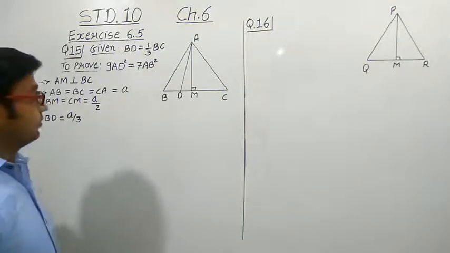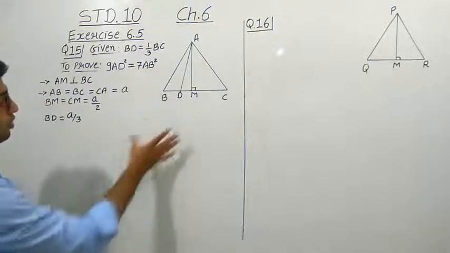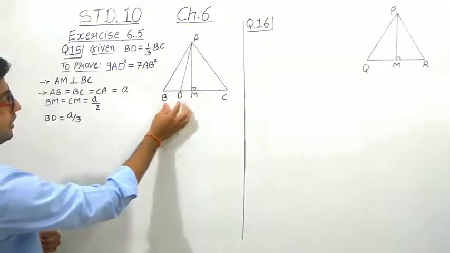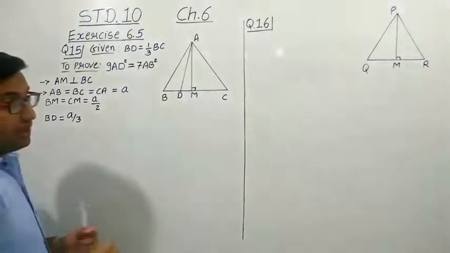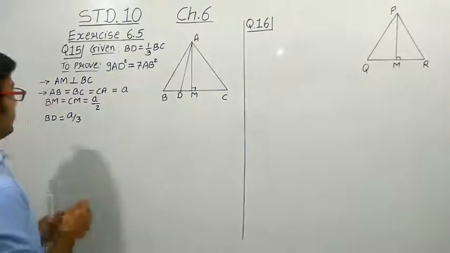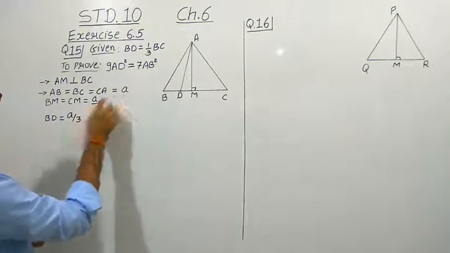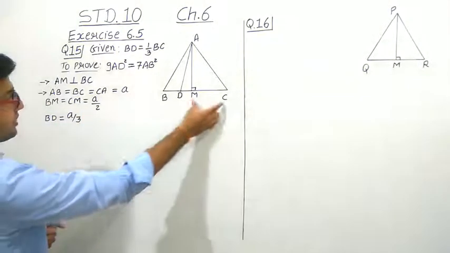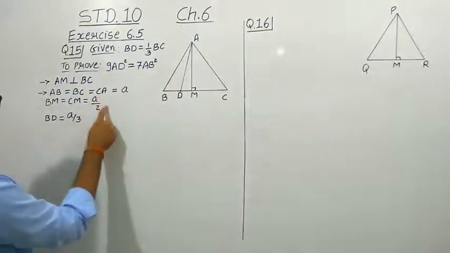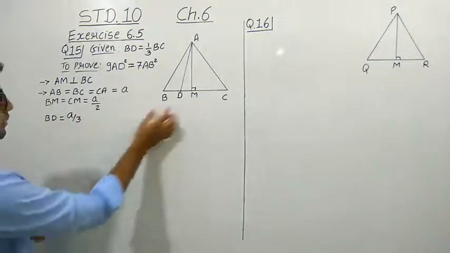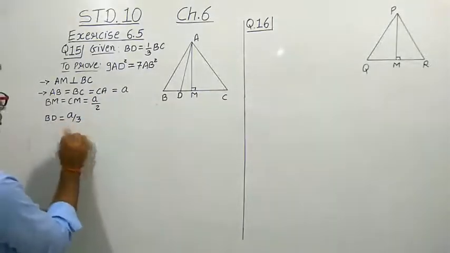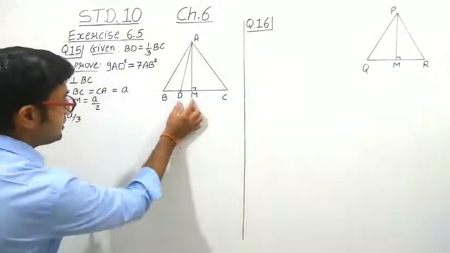We are trying to find all these values, BC, BD, DM, in terms of a. We have supposed that all the sides are of length a. Now these two portions BM and CM are a by 2. Now this BD we have found is a upon 3. Now this DM remains.